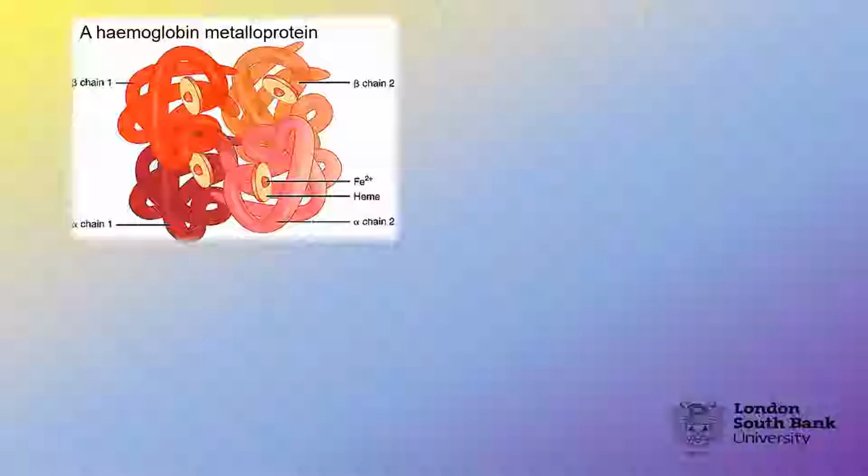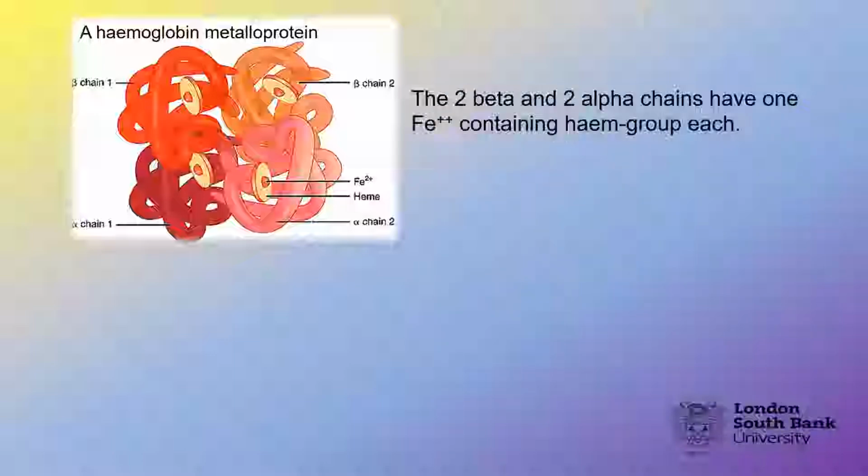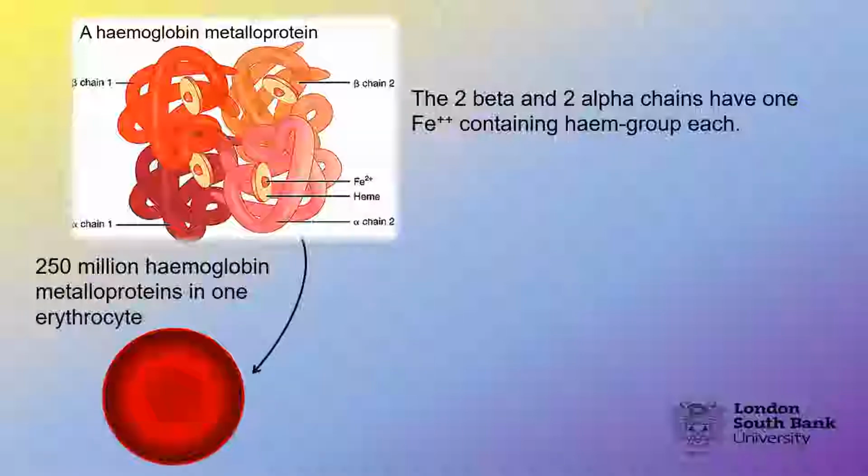Within each of those heme groups, we have an ion of iron. That's what oxygen binds to. The 2 beta and 2 alpha chains therefore have 1 Fe++ containing heme group each. And remember, there are 250 million hemoglobin metalloproteins in 1 erythrocyte.